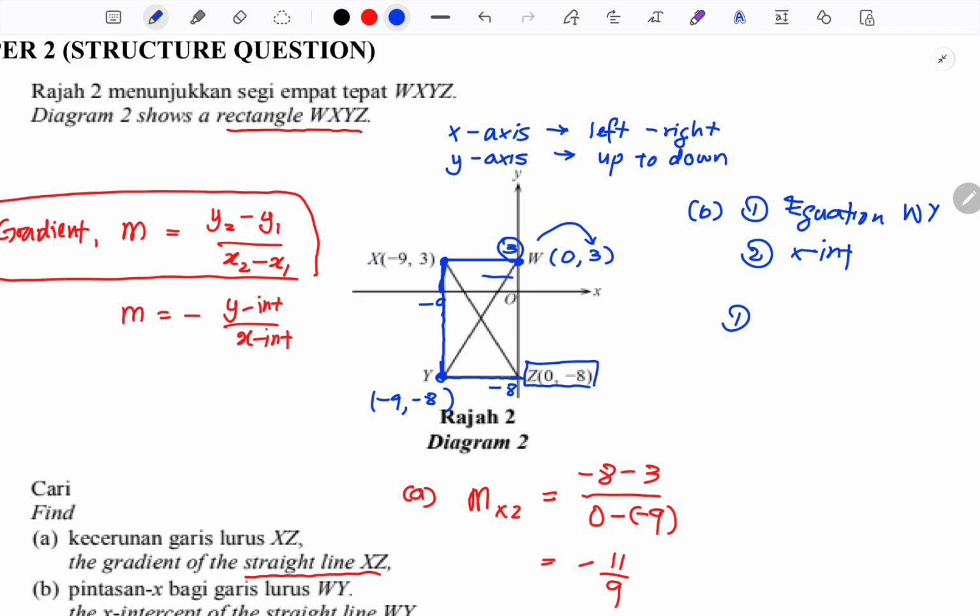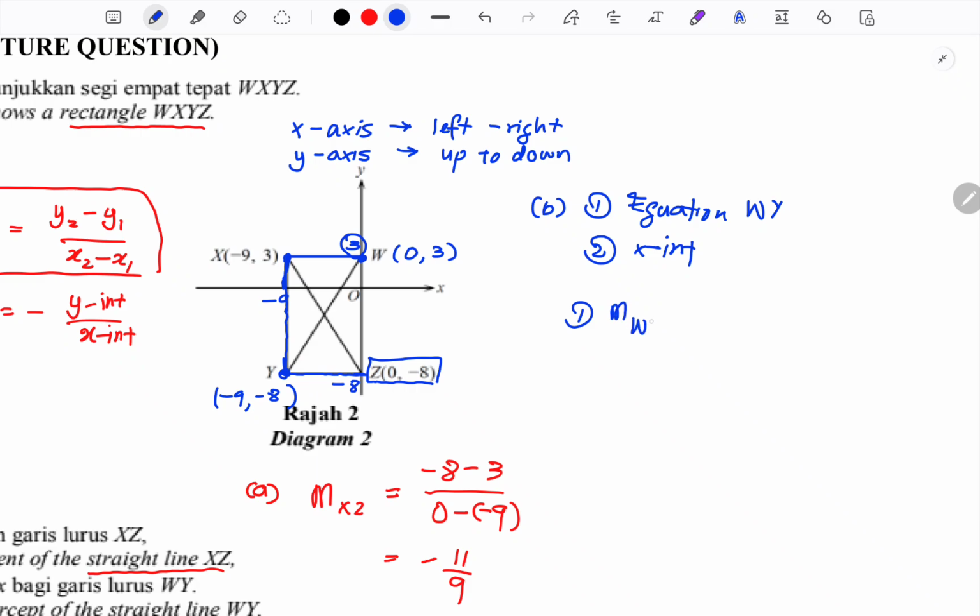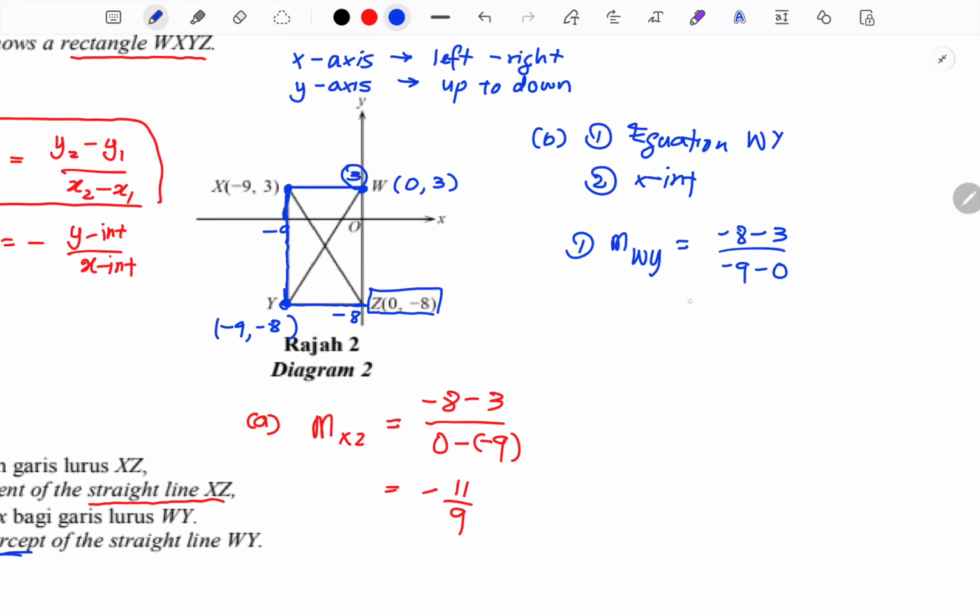Then we look left to right: did the point go left or right? No, it stays at the middle position, so it will be 0. So the coordinate is (0, 3) for W. We can find the gradient of WY by finding -8 minus 3 over -9 minus 0. So our gradient is 11 over 9.